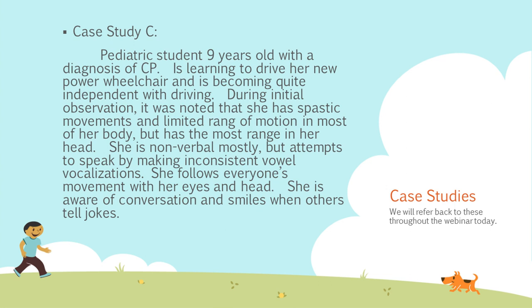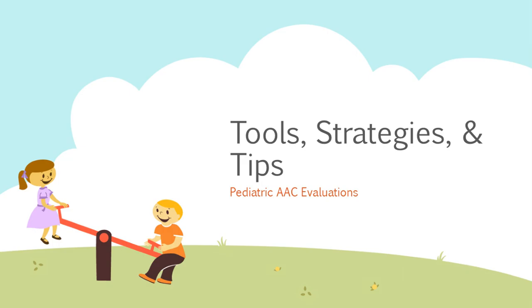She's nonverbal mostly. She attempts to speak, but it's vocalizations. And she can laugh and smile at jokes. She follows everyone's movement with her eyes and head, and you know that she's following the conversation when she smiles or laughs when she hears a joke. So just keep those in mind as we move through the webinar today.